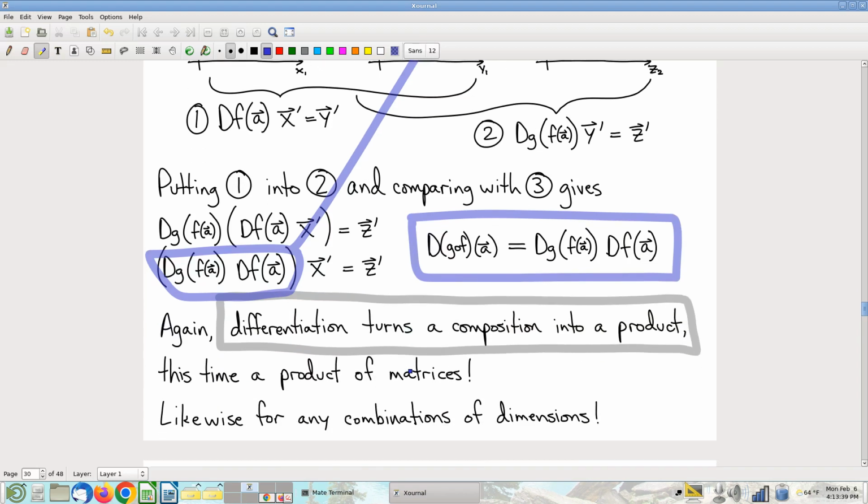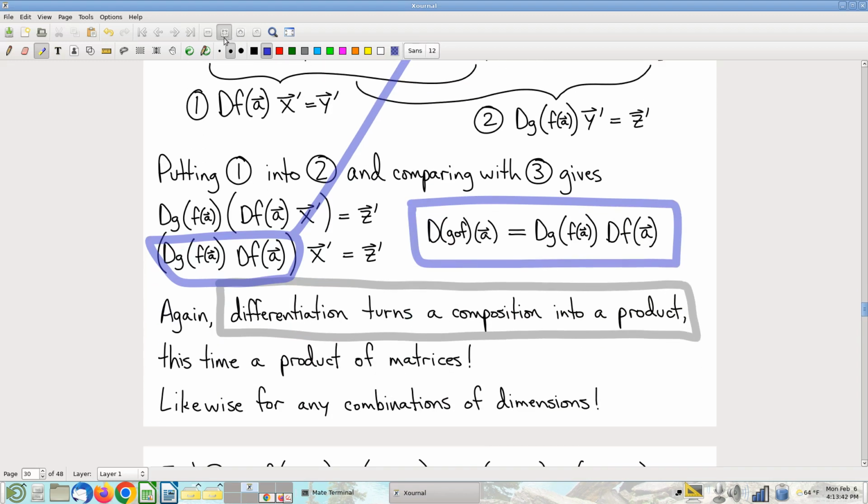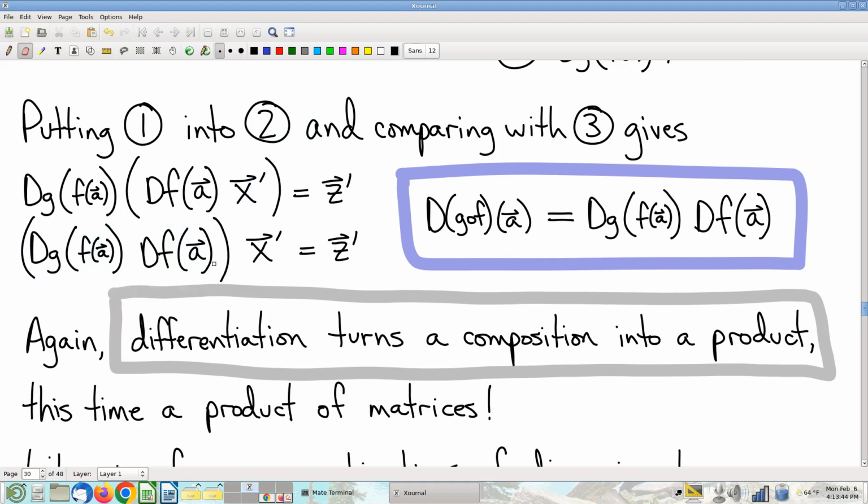And notice it rolls off the tongue in exactly the same way. Differentiation turns a composition into a product, this time a matrix product. Is that cool? Everybody happy?